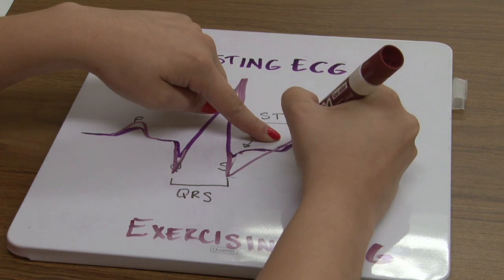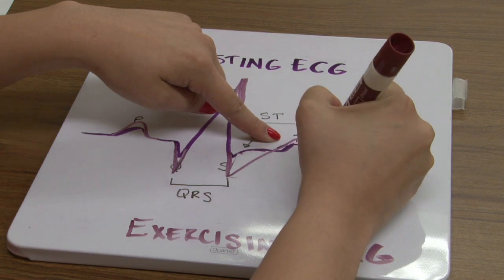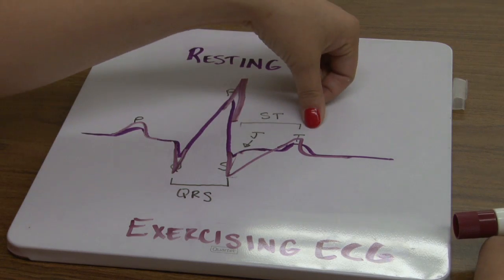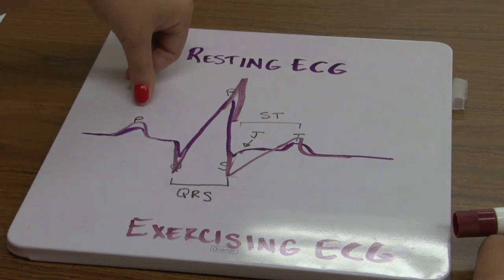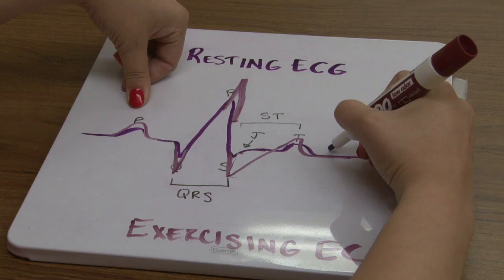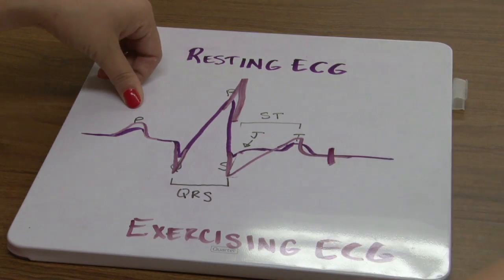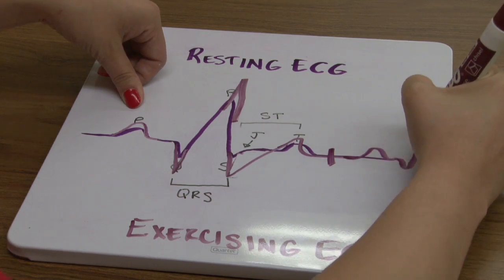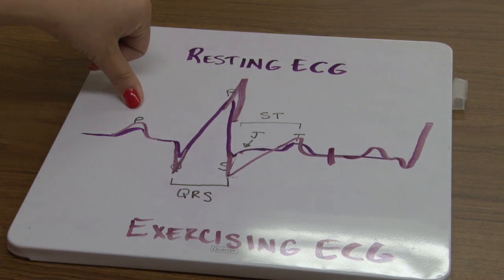So it'll get larger, but it will take less time. Where we will also see time decrease is from the end of the T wave to the beginning of the next P wave. So this will shorten about here before we go into the next segment.